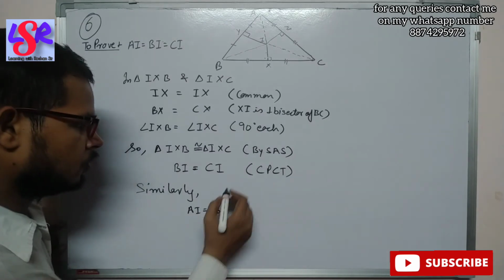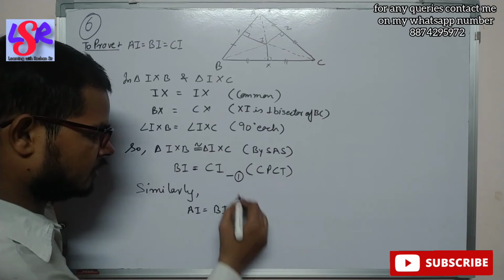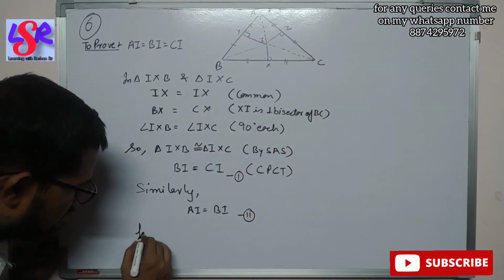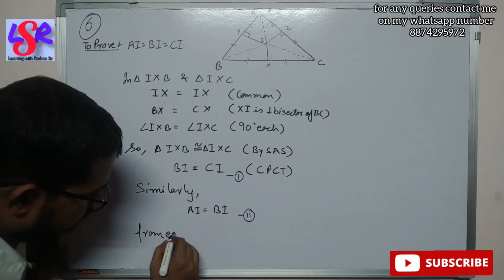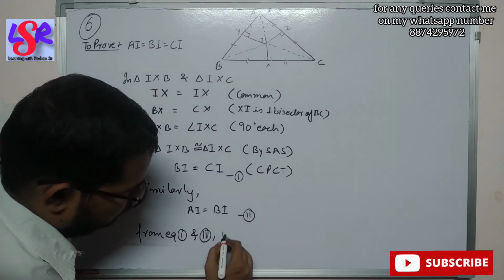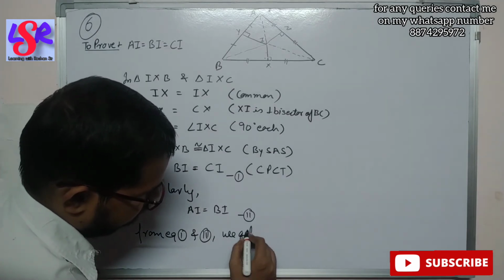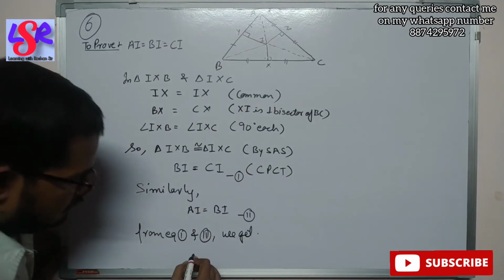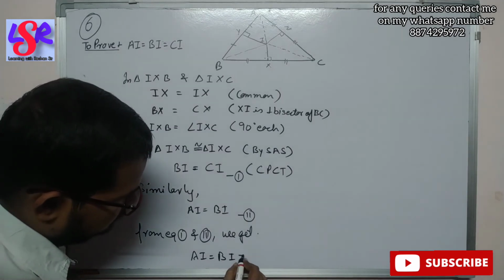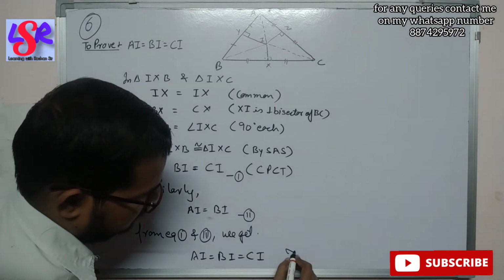Now we can take this one as equation number 1 and this one as equation number 2. And we can write over here, from equations 1 and 2, we get AI equals BI equals CI. Hence proved.